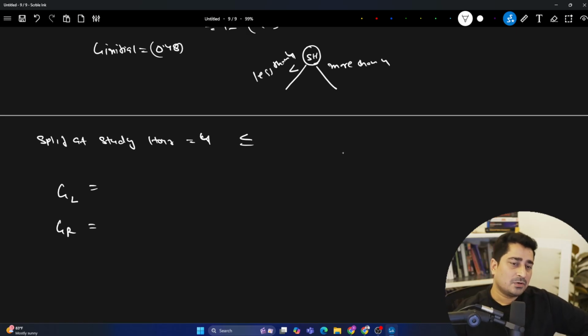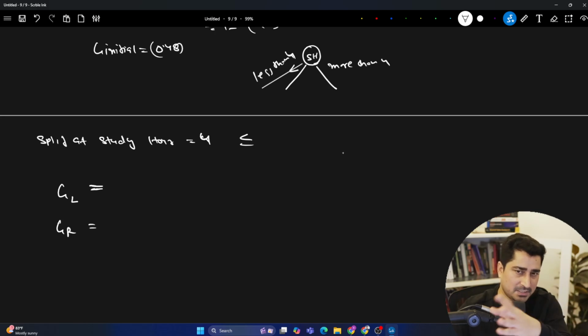Previously I considered greater than, but let's think in this way; you can keep it interchangeably on either side. So we'll try to calculate a Gini over here.